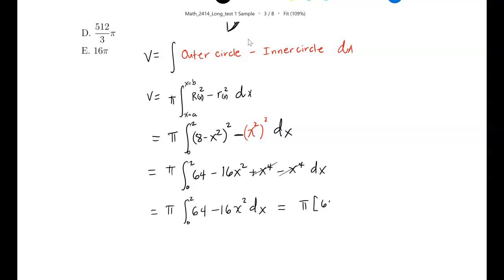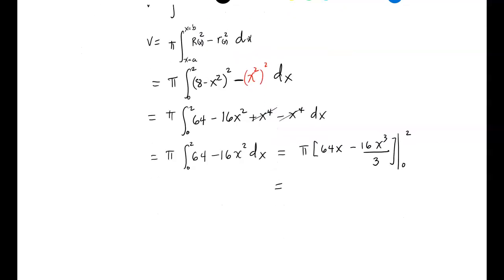Okay, so let's integrate this. You have 64x minus 16x cubed over 3 evaluated from 0 to 2. Then you plug in. So you have pi times 64 times 2, which is 128, minus 16 times 8 (2 cubed is 8) over 3, minus 0, because all those with variables are 0 if x equals 0.